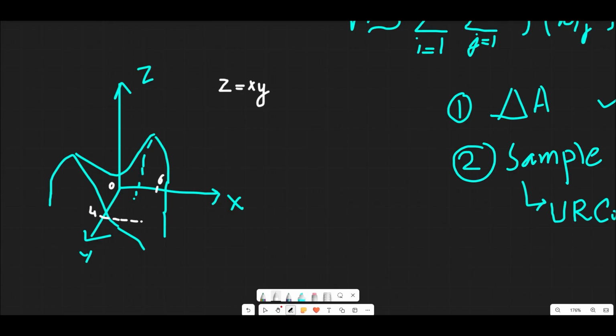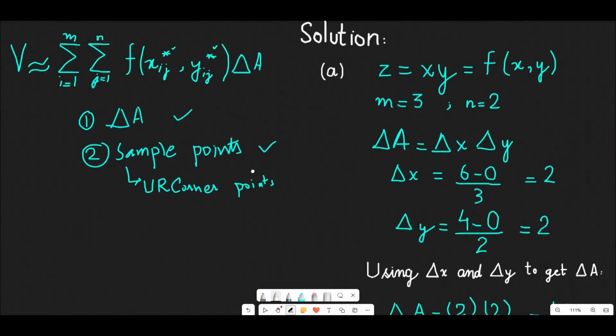A rectangular region bounded by these limits. From this rectangular area to this curve, this cut part, we have to calculate the volume of this part using Riemann sums. Okay, now let's see what the solution is.